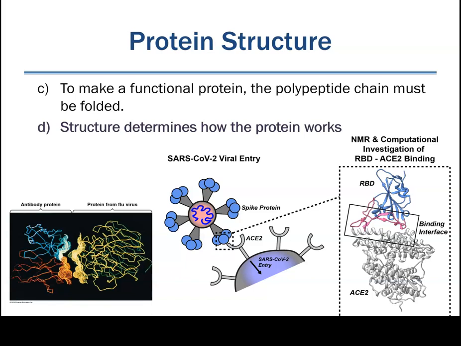So the R groups in the amino acid sequence are going to determine how the protein folds and how the protein works. And that structure is going to give each protein its own unique function.